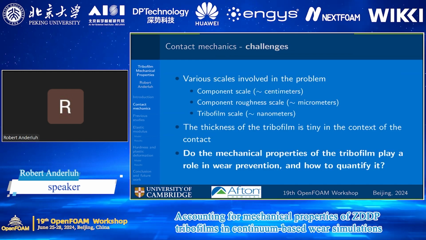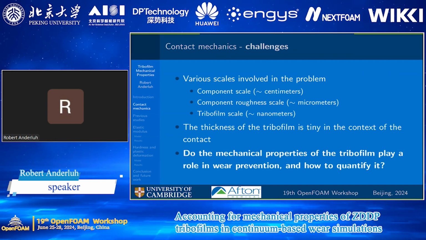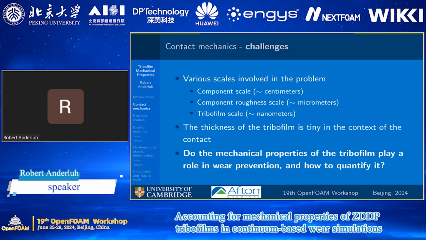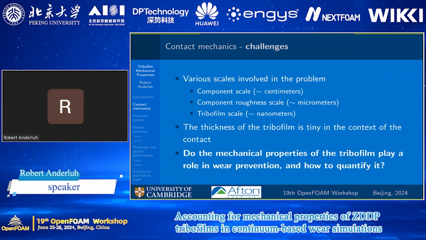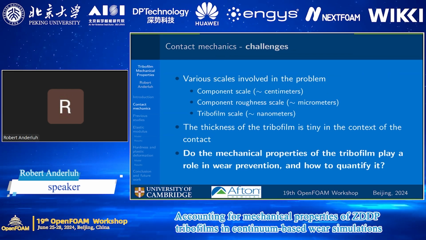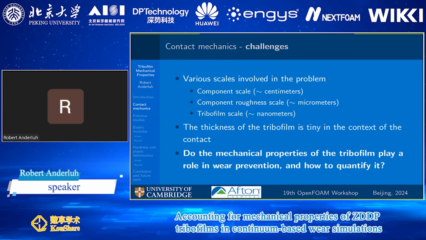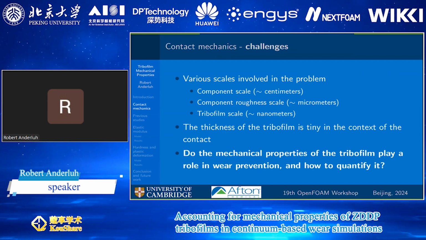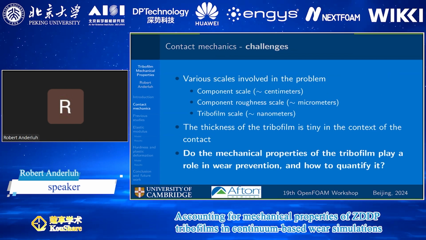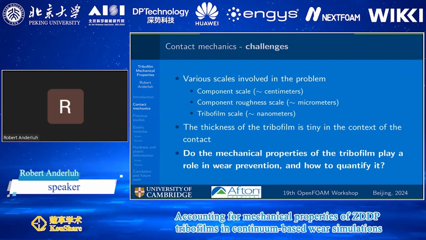The problem is, simulating this is not an easy problem in part because various scales are involved. The components, the actual mechanical engineering components, are of centimeter scale, maybe meter. The roughness scale of the steel is approximately micrometers, and the tribofilm itself is in nanometers.